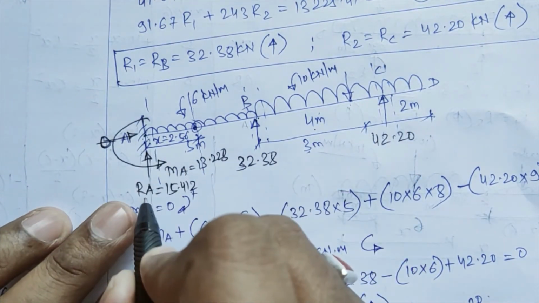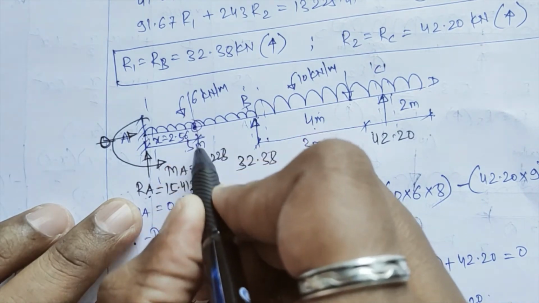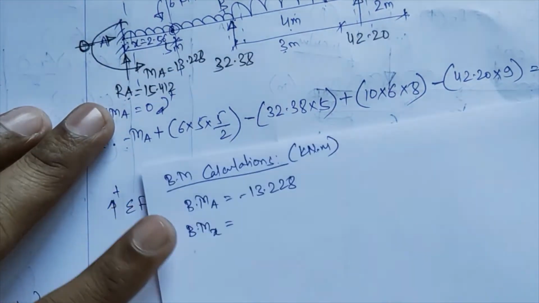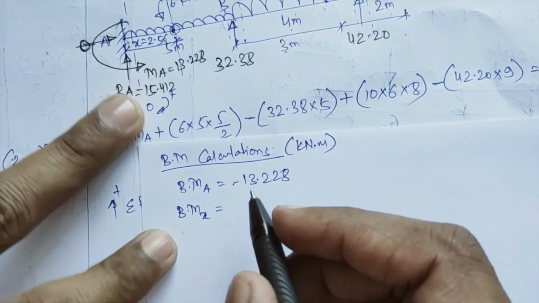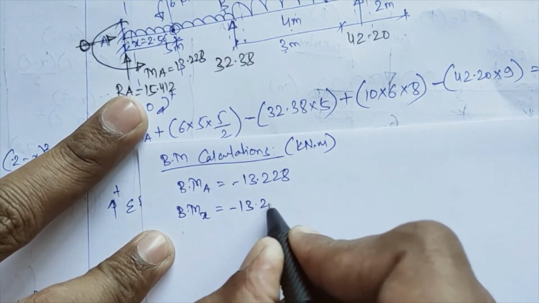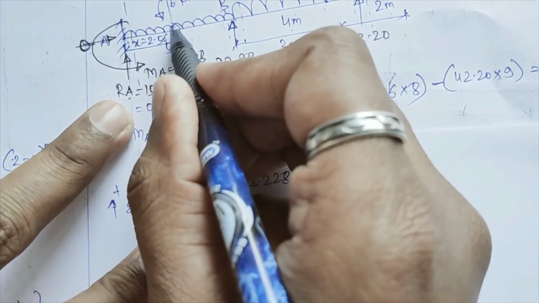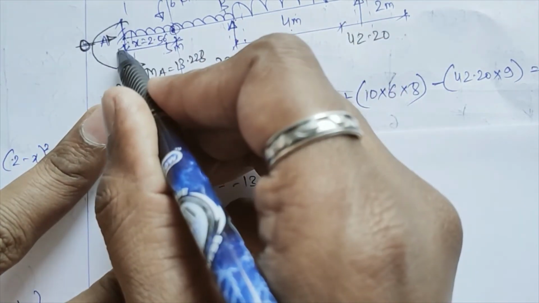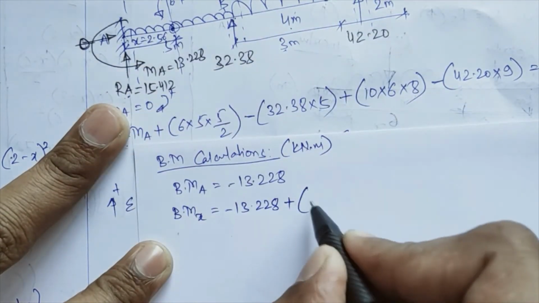The moment of RA, this MA, and the moment of this UDL will be acting along this section. One by one we'll see. First, this moment will be a hogging moment, so that will be minus 13.228, plus the moment of RA along this section, which will be a sagging moment. On the left-hand side of the section, that is a clockwise moment, so that will be a sagging moment.